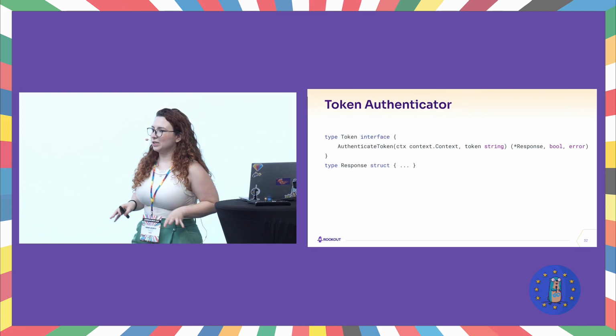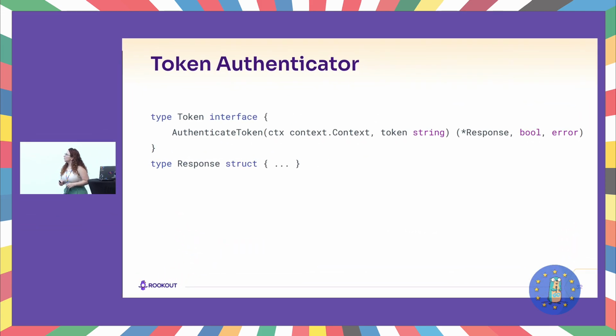We'll forget about the file transfer app. And instead, we're going to create a token authenticator app. And for that, we have a token interface with an AuthenticateToken method, which accepts a context once again, and a token. And given that token, it will do its authentication. It might take a long time. It might take a little time. I don't know.